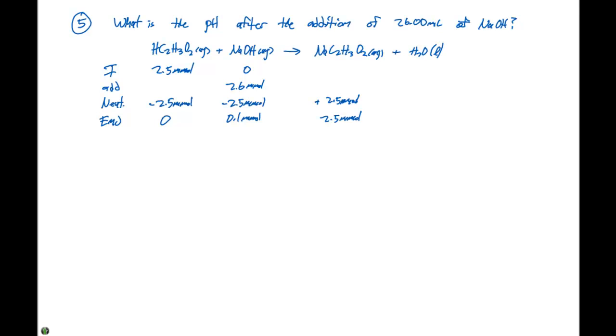So when we look at this and we have a particular salt, this is going to have a minimal influence on the pH. Here we have OH minus ions. This is going to have a large influence on the pH.